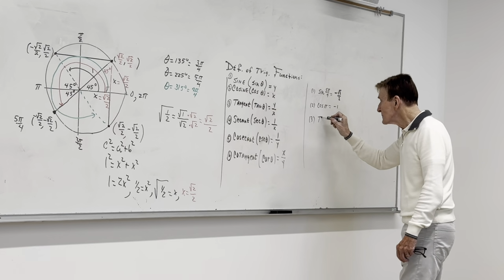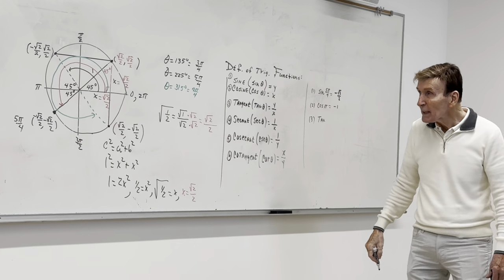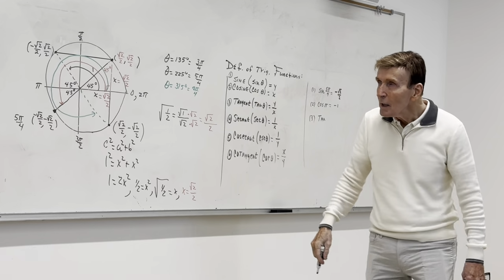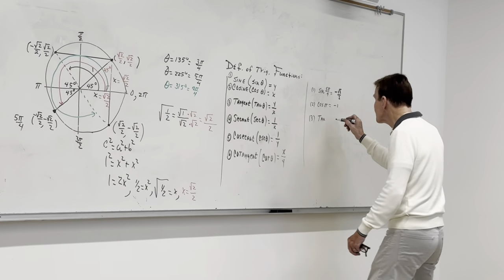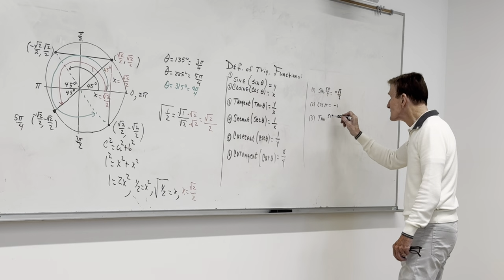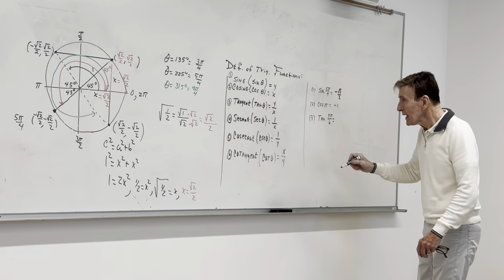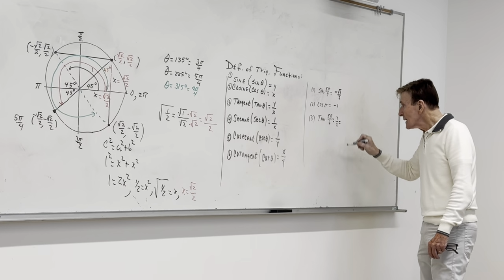Tangent? Let's find tangent. Hold on, I got to be careful here. Okay, tangent of, find a nice one. Yeah, 5 pi over 6. Remind you what the tangent definition was. It's y over x.